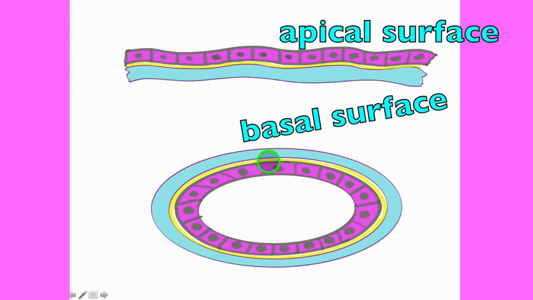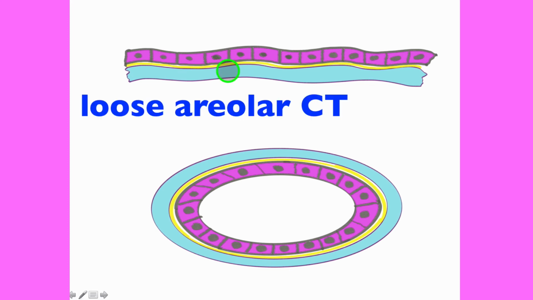Keep in mind, this is still the basement membrane, though from our viewpoint, it's not really below. But just imagine this top tissue right here. If we were to roll that up into a tube, that's a good way to envision this structure right here. So once again, epithelial tissue is supported by the basement membrane and the underlying loose areolar connective tissue.